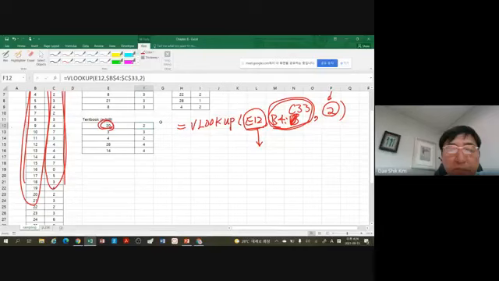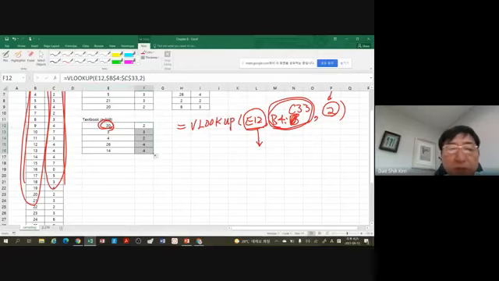When you copy and paste, you need to use your mouse. Select this one and move your cursor to the right lower corner. The thick plus will change to a simple plus sign, and press your left button and drag down.